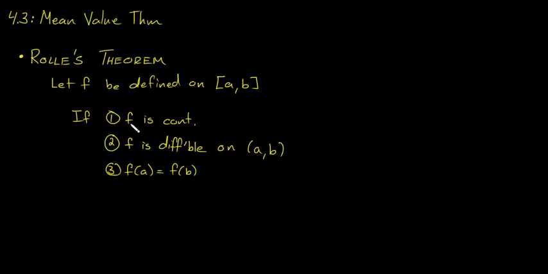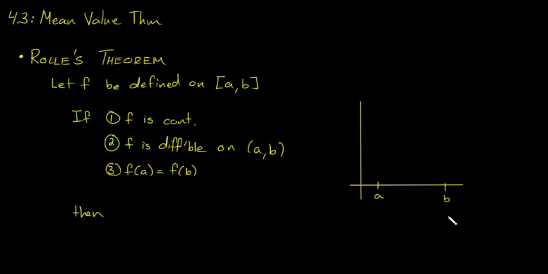If these three things are true, then, and I'm going to sketch a picture and see if we can predict what we might want to happen here. I like working in quadrant 1 because it's nicer. We're going to go from a to b. There are infinitely many choices of a continuously differentiable function between a and b.